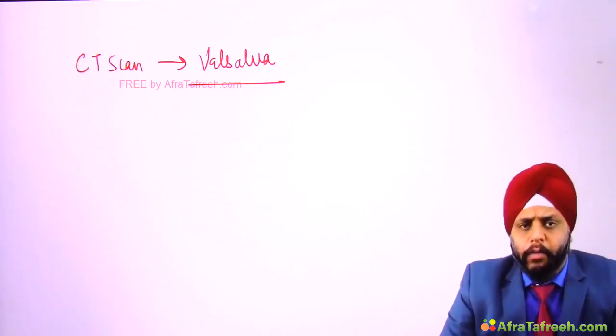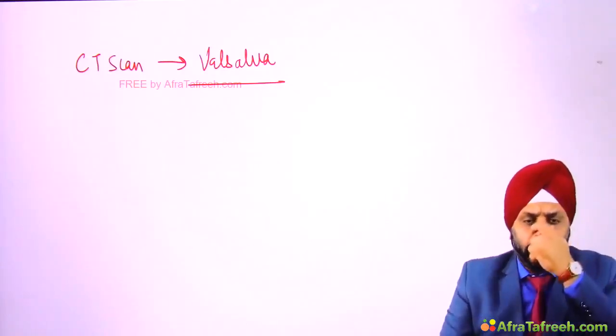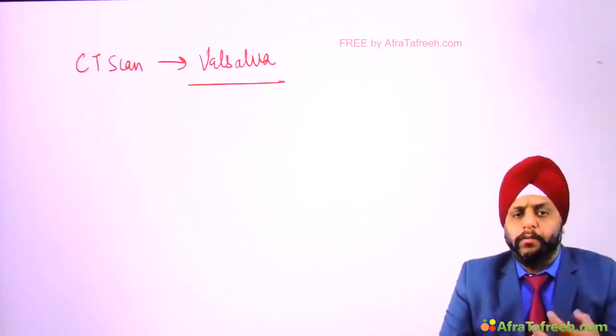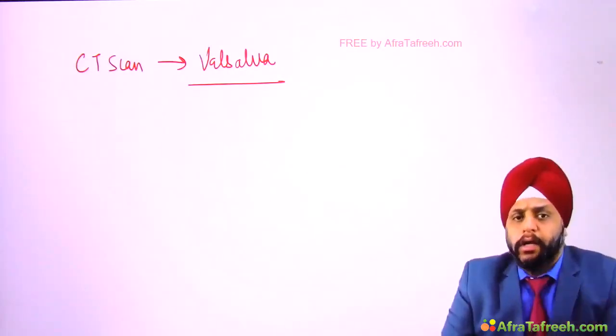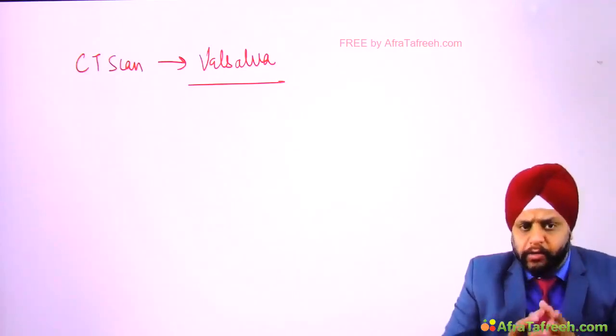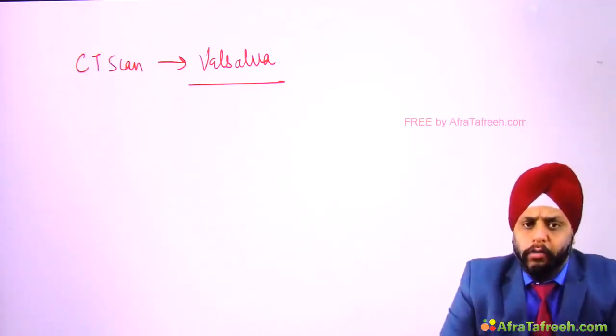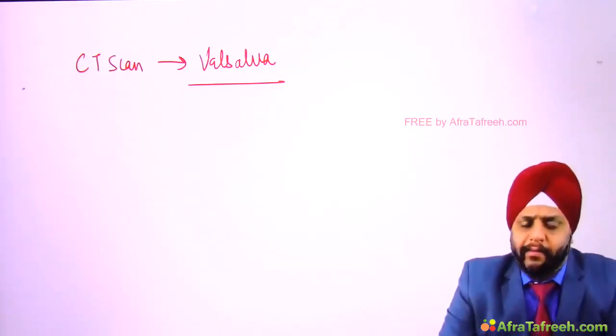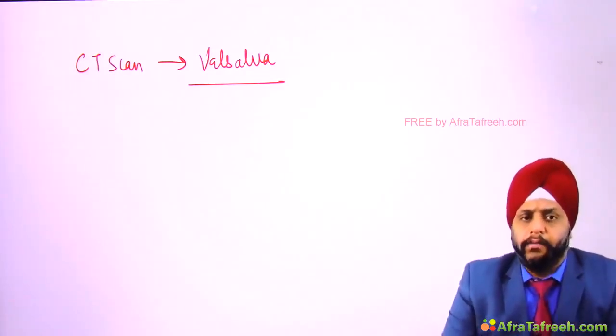Why Valsalva? What is Valsalva? You ask the patient to close the nose and blow the cheeks. So you are increasing the pressure in the pharynx. And this pressure will go into the laryngocele, it will expand the laryngocele, increasing its size, and it is therefore nicely visible.